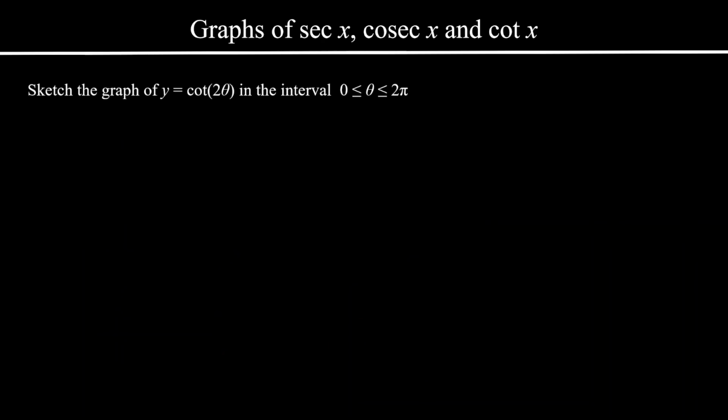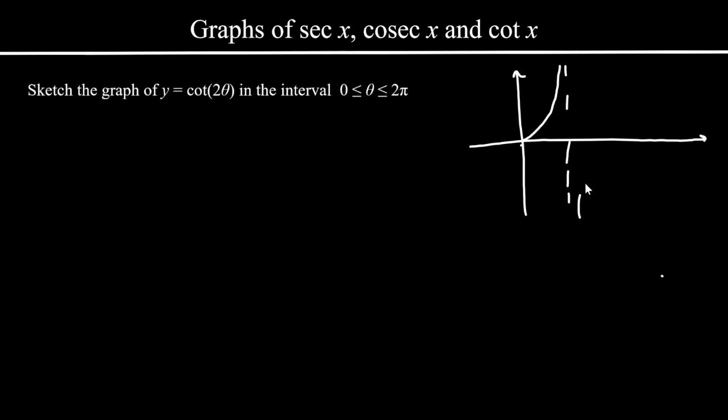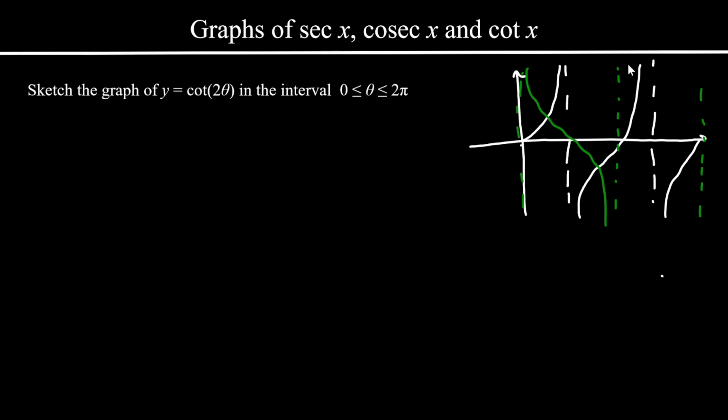And sketch the graph of y equals cot 2 theta in the interval 0 to 2 pi. So again, we had our tan graph, which was like this. And then I'll do our cot graph over the top, which was shaped like this. Cot 2 theta is going to halve all the x values, so it's going to squash it in.